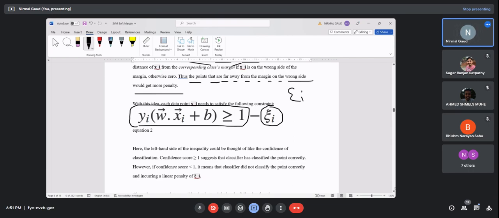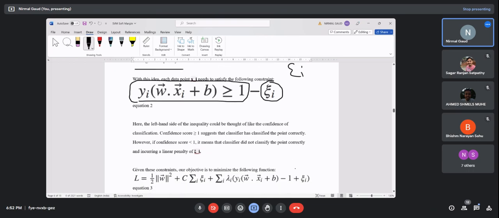Now, the left hand side of the inequality could be thought of as the confidence of the classification. A confidence score greater than or equal to 1 suggests that the classifier has classified the point correctly.